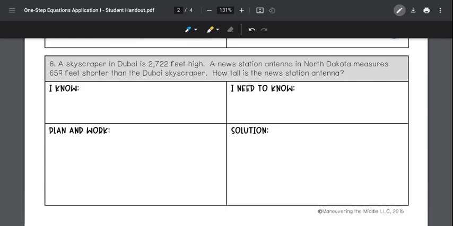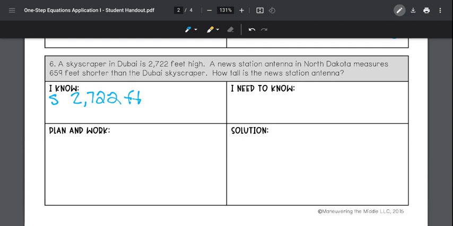Last problem. A skyscraper in Dubai is 2,722 feet high. A news station antenna in North Dakota measures 659 feet shorter than the Dubai skyscraper. How tall is the news station antenna? All right, we know that the skyscraper is 2,722 feet high.